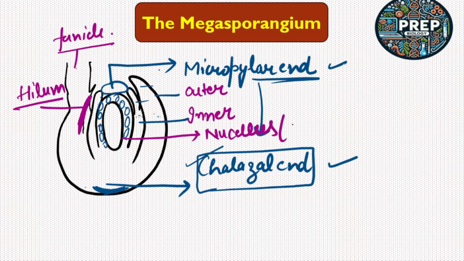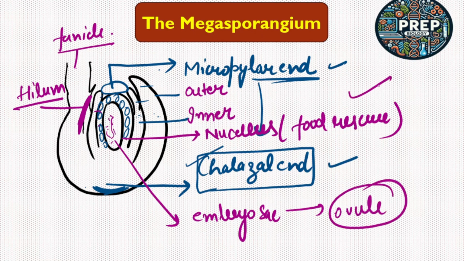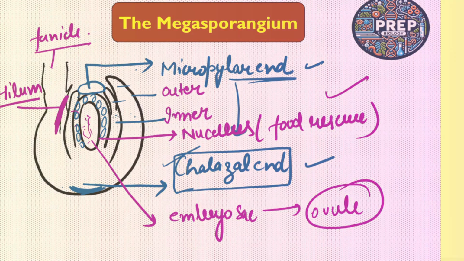And the nucellus contains abundant food reserve. And the middle part represents the female gametophyte, that is the embryo sac, that further matures into the mature ovule. So all these parts are very important, and the function of each and every part is also very important. I hope this is clear to you all.